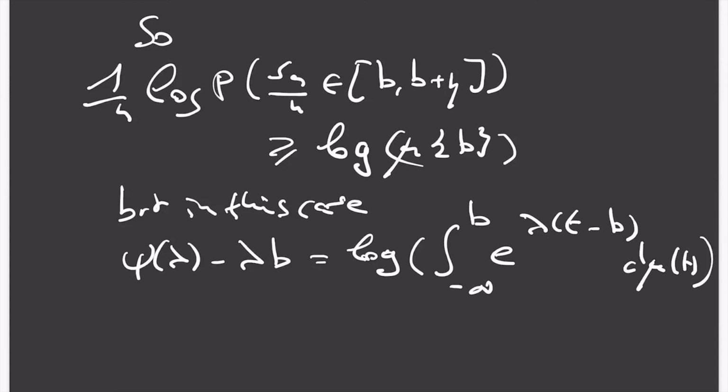And you can use dominated convergence, because here it goes to 0 if t is less than b, and it goes to 1 if t is equal to b.